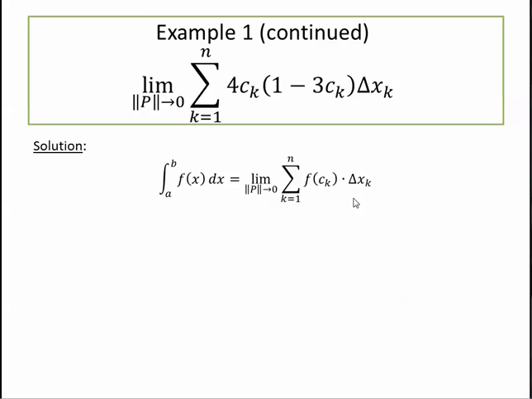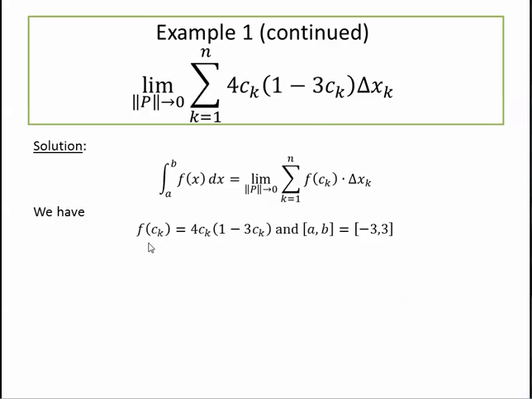So what we need to do is identify each piece. Going back and forth, the limit as the norm of p goes to 0 is here. Here's our summation sign. Here's our delta x sub k. So my f of c sub k is everything that's left over. So that's this part right here.